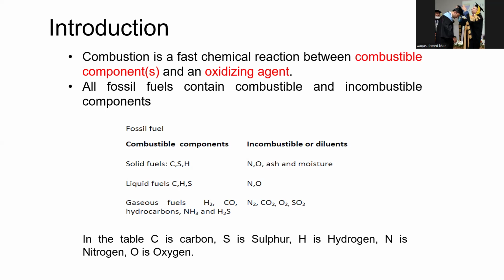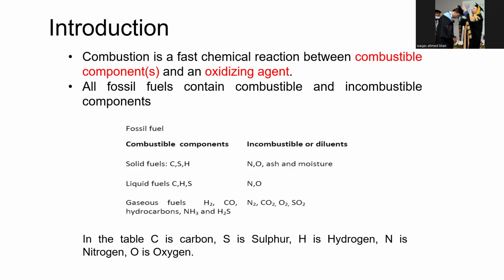And we need some source of ignition to start the combustion reaction. So in this specific lecture, we will find out what percentage of that oxidizing agent, specifically air, is needed for some specific composition of combustible component.